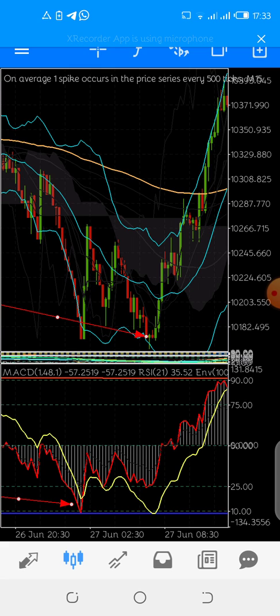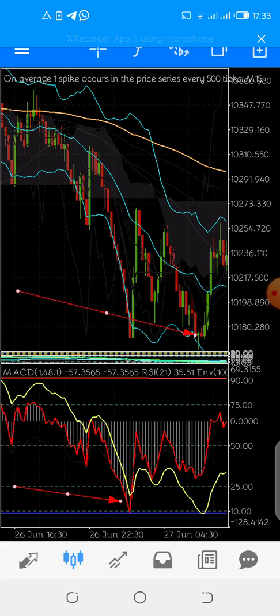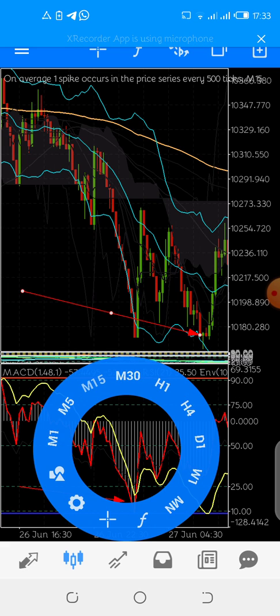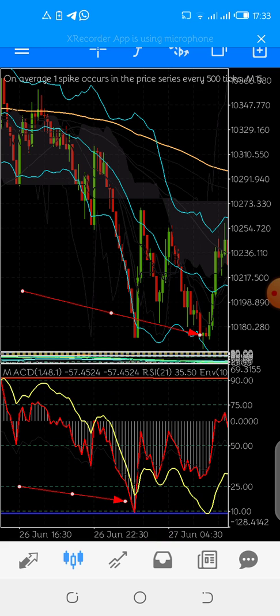Now, how you can catch the second signal is if there is a divergence in your MACD. This peak is not aligning with this peak, yet on the main chart you find it has touched the lower Bollinger Band.